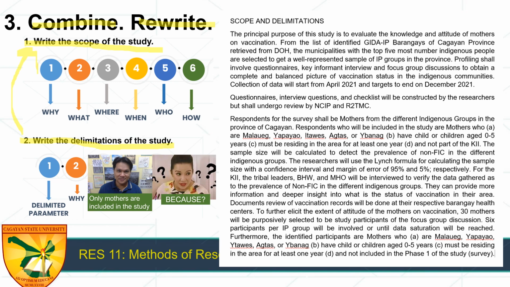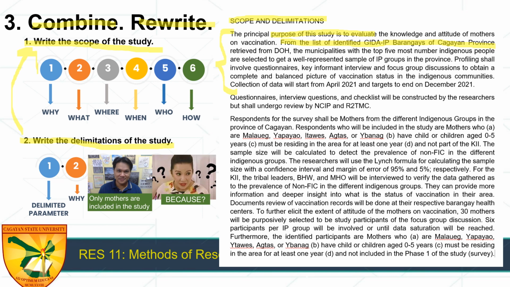So this is an example of our recently concluded study with DOH. So given here, first paragraph is the objectives, scope, and the limitation in terms of objective. The principal purpose of the study is to evaluate. And then here you will see the limitations in terms of the respondents, from list of identified GIDA IP barangays of Cagayan province.